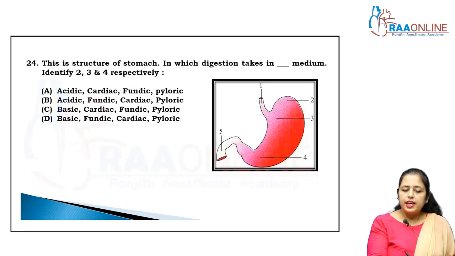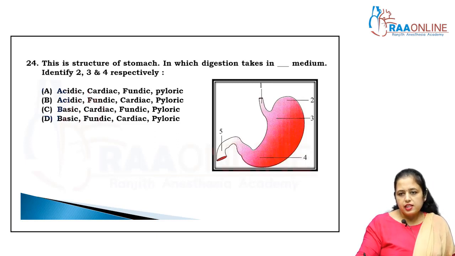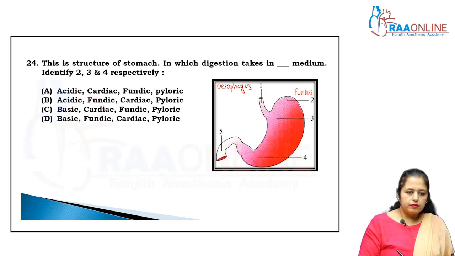Now come to the next question, that is 24. This is the structure of stomach, right? This is the esophagus. That 2 is the fundus. That 3 is the cardiac.